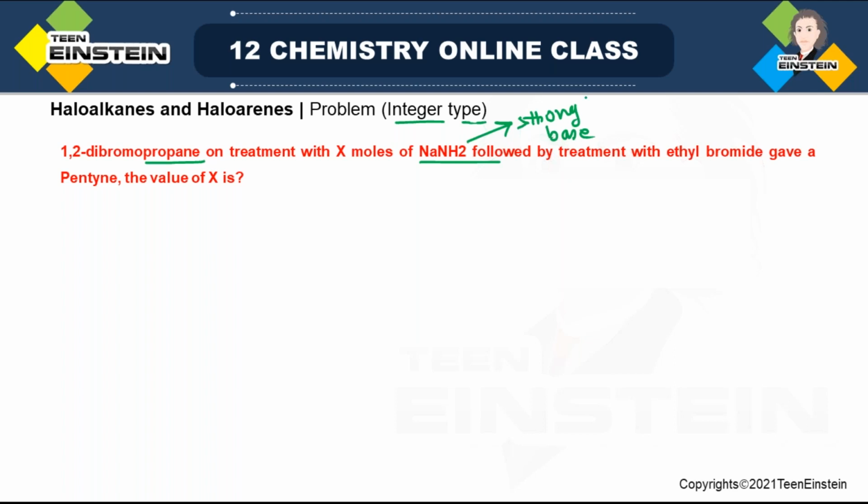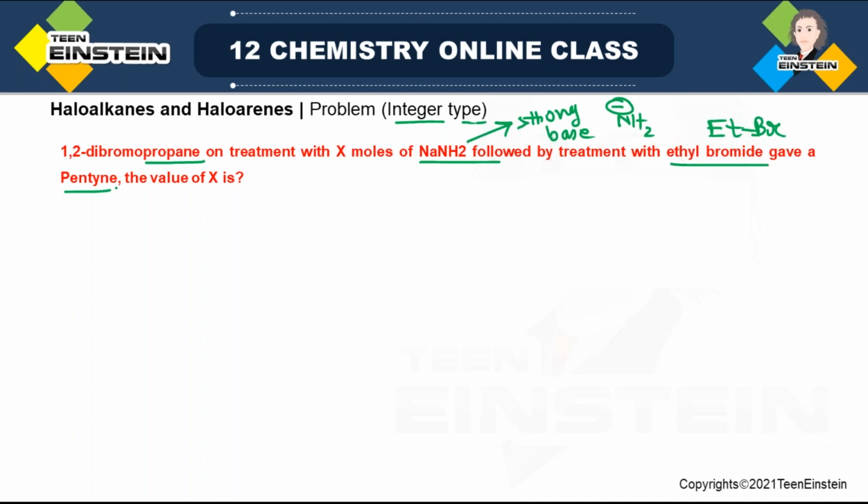And here the base is basically the amide ion, NH2 minus. So you are treating it with X moles of NaNH2 followed by treatment with ethyl bromide. That means you are not only treating it with X moles of NaNH2, but after that you are also treating it with EtBr.